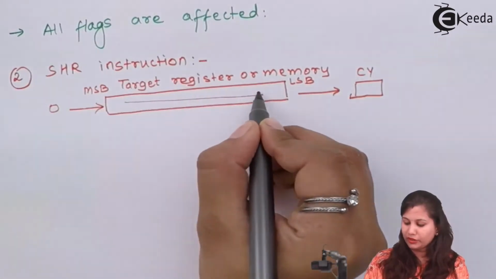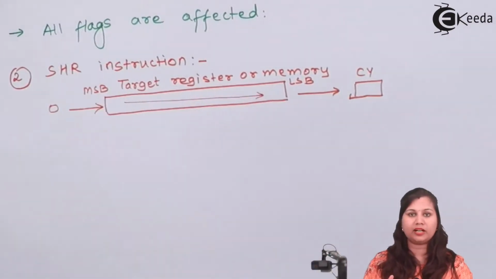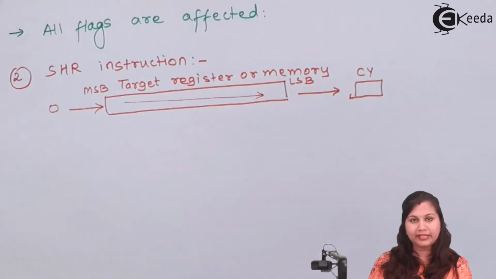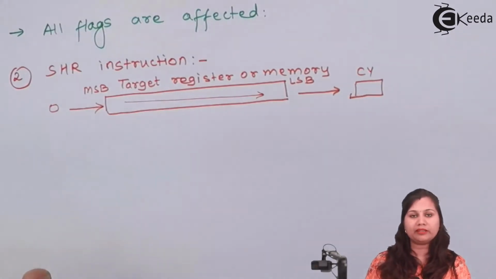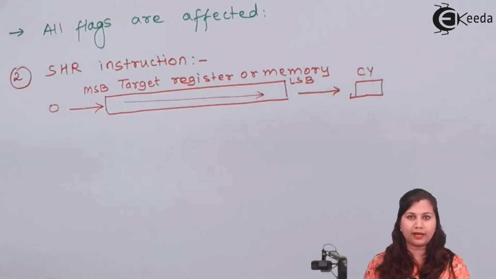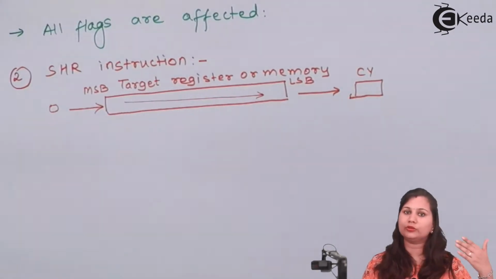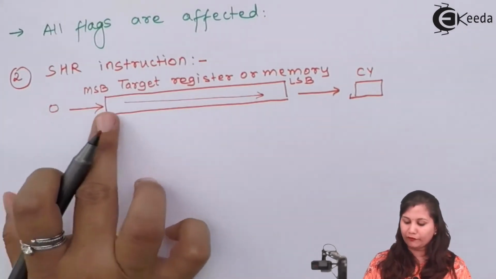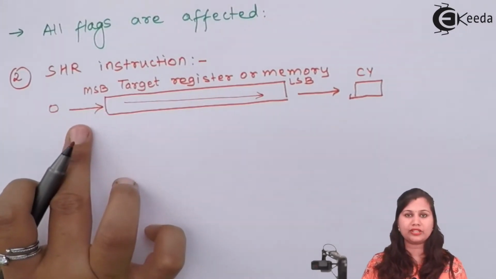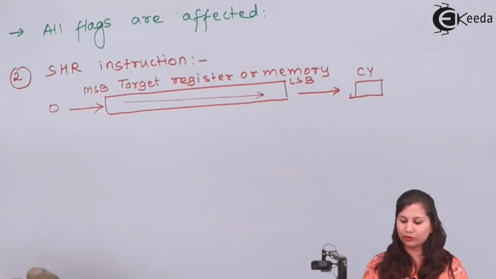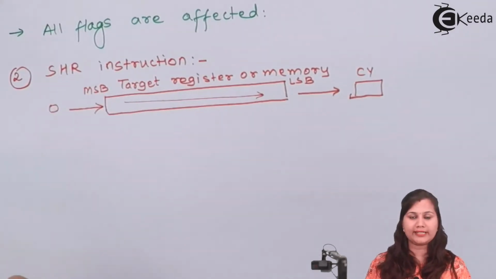All the bits of the target register or the memory are going to be shifted to the right hand side. How many shifts will be there? That will be indicated by the count that is written in the instruction itself. So both SHL and SHR are shifting the contents, one to the left side and one to the right side. When shifting to the left side we make the LSB 0, and when we are shifting to the right side we make the MSB 0.